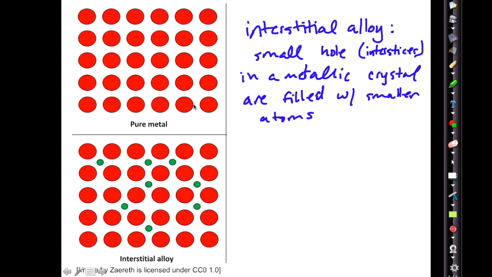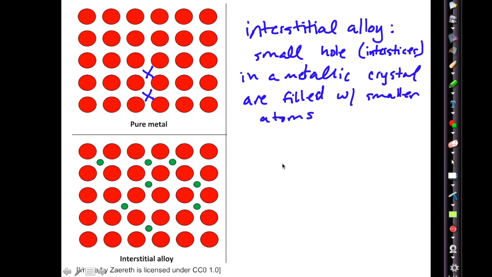So in our diagram over here on the left side of our screen, we again see our pure metal, and then there would be these interstices, small holes in the lattice. And in our interstitial alloy, then, those interstices, those small holes, have been filled with atoms of a different element of smaller size.